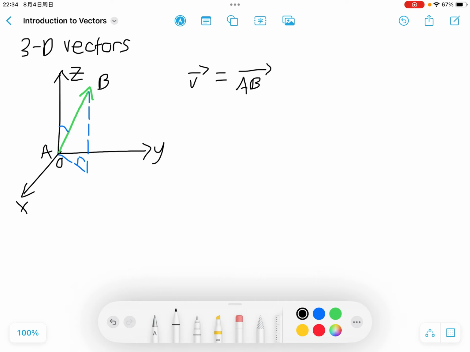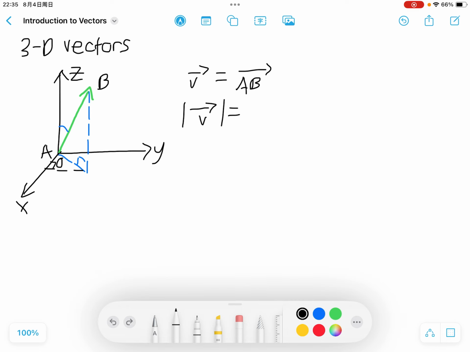Now, as you can guess, we'll probably try to figure out the magnitude first. We're going to use the Pythagorean theorem twice. We can drop an altitude like this, and we figure out the x coordinate and the y coordinate.